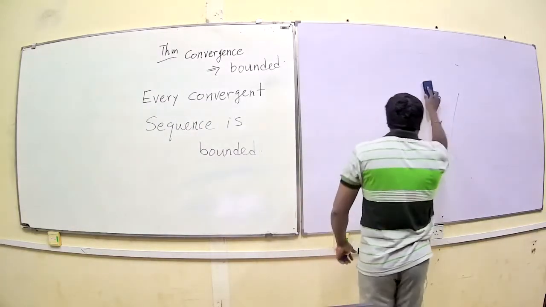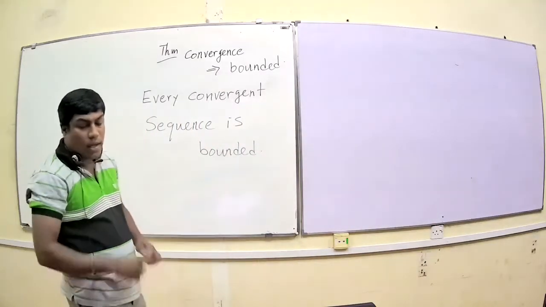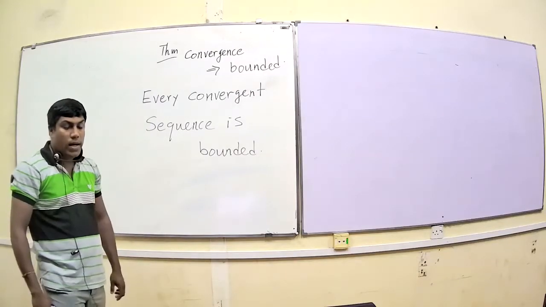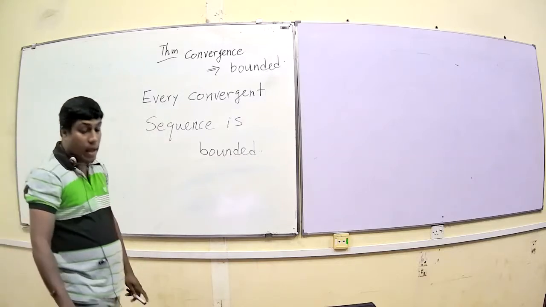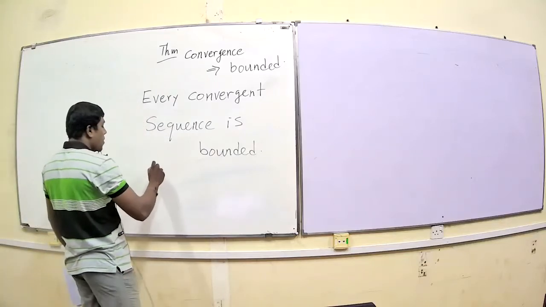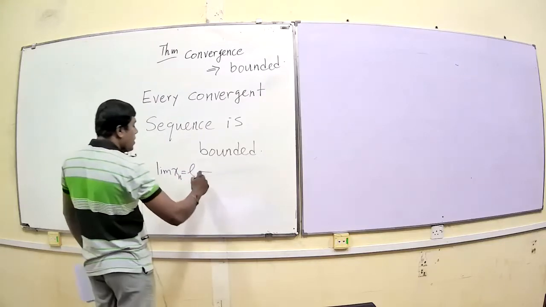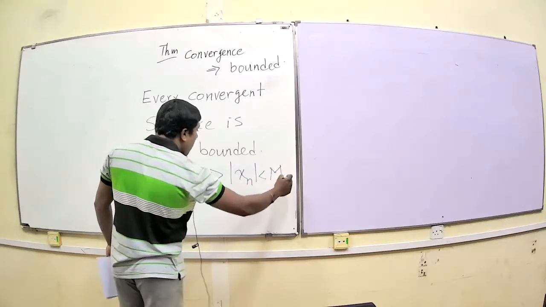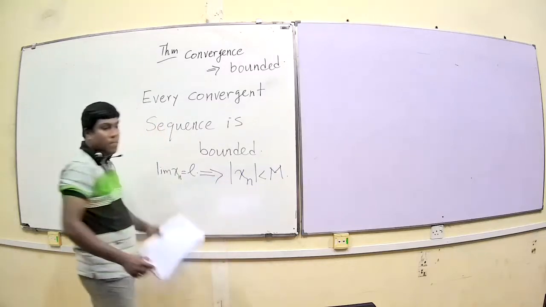You have to take a convergent sequence and show that it is bounded. If it is a convergent sequence, then it will have a limit. But you want to show boundedness, that the absolute value of xn is less than some number. Here you know that the limit of xn is equal to L. From this, you have to show that |xn| is less than M. You are given this, you want to get here.